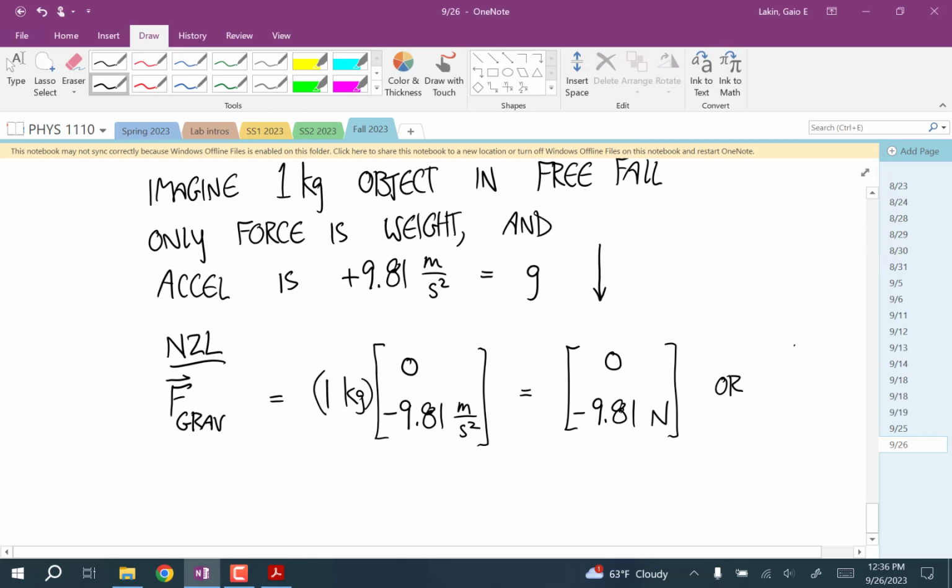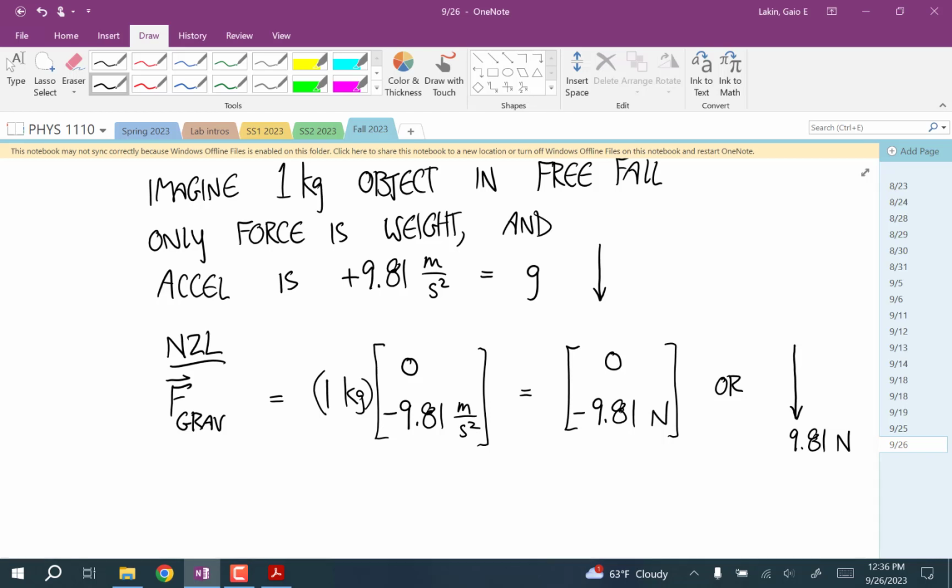Or you could think of this as acting that way with a magnitude of 9.81 newtons. So on this 1 kilogram object, the force that gravity applies to it is always 9.81 newtons. We figured that out while it's in free fall, but that's also the force gravity applies to it while it's rolling or whatever.